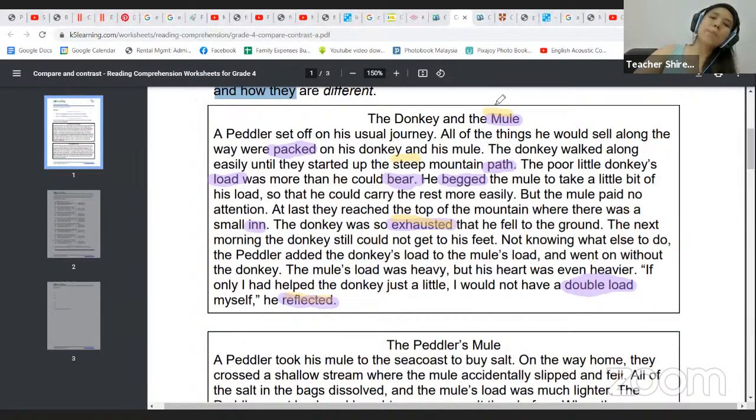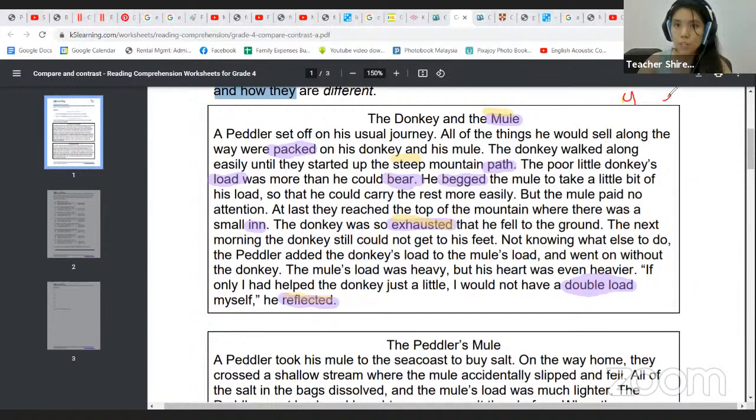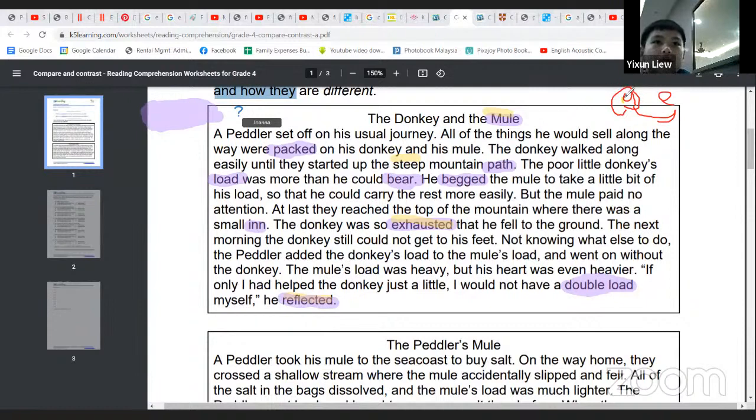Okay. Can you repeat after me? This is called mule. When the phonics hold the same vowels, U, E, you take the first letter U, mule.